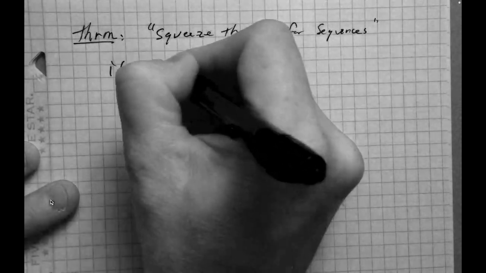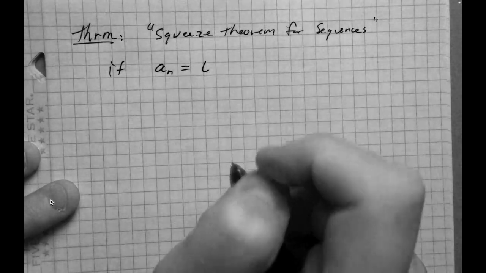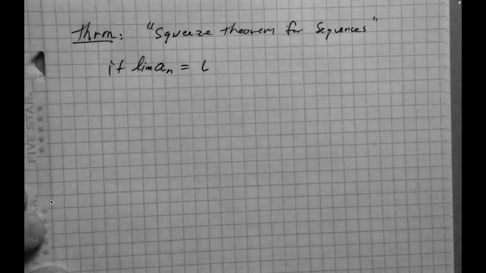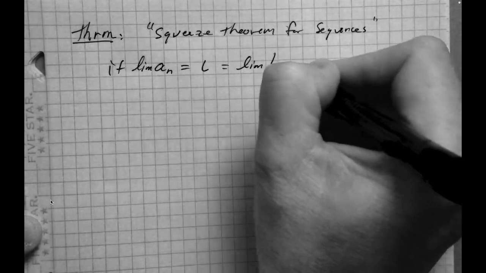So if the limit of a of n is equal to L, and that is the same as the limit of another sequence, b of n.